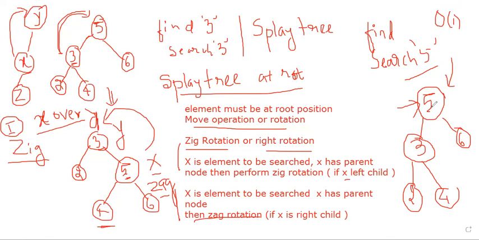So we rearranged the binary search tree by using a rotation. In this case, we applied the zag rotation to get the element to be searched to the root position. Okay, so understood this.